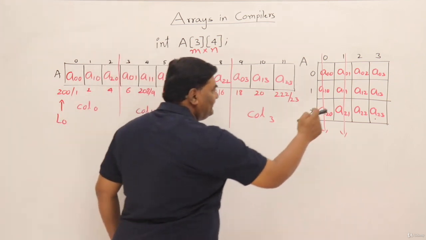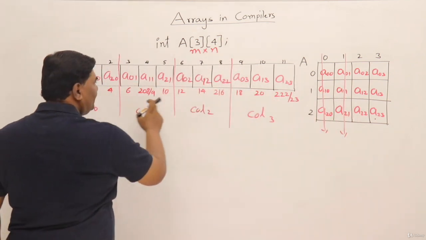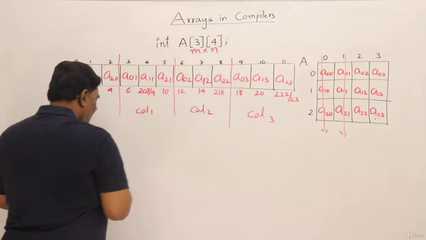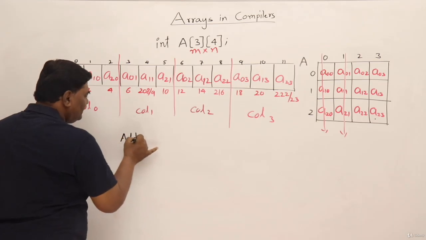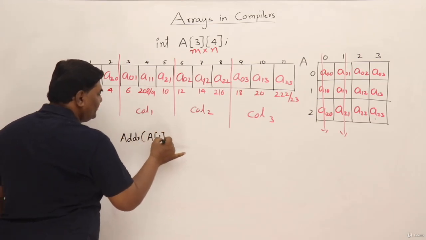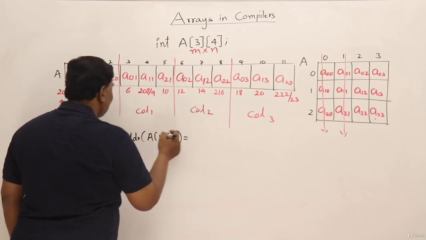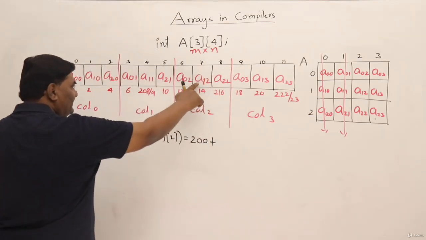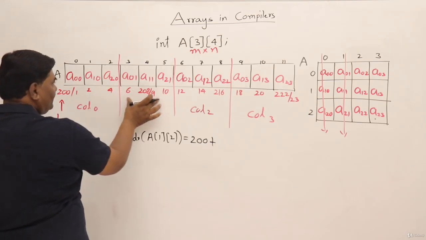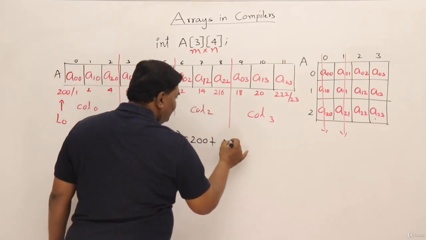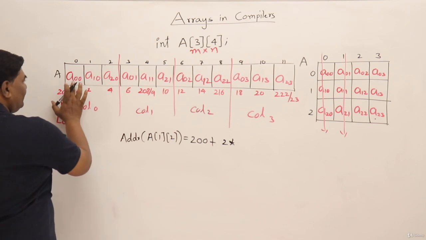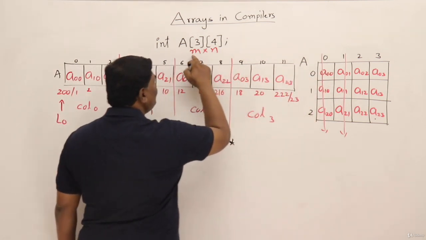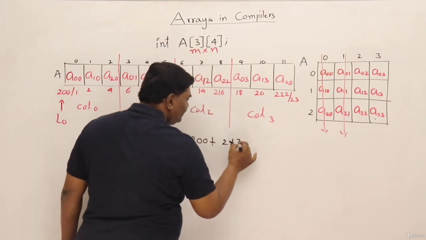Suppose I want the element 1,2. Where is 1,2? Here. It is in column number 2. So the address of A of 1,2 is the base address, 200, plus. Now for reaching this element, I should skip the first column and the second column. Two columns I should skip. So 2 into, how many elements are there in each column? 1, 2, 3. So columns have 3 elements, which is equal to the number of rows, m, that is 3.